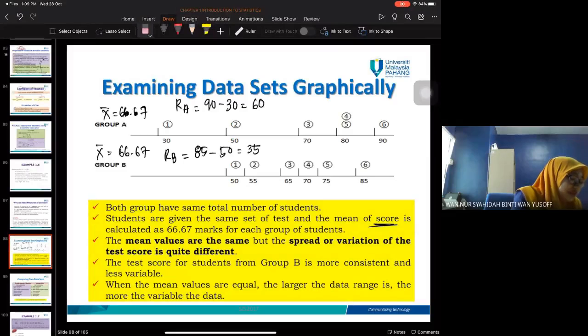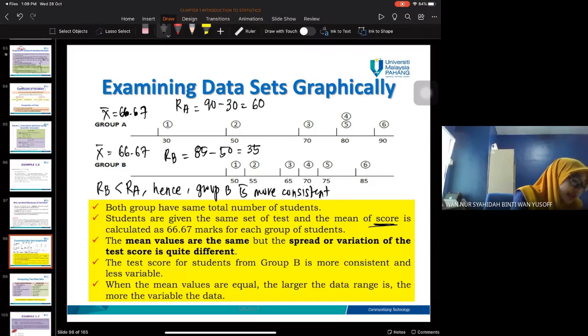So based on the range here, the range for B is less than the range for A. Hence, group B is more consistent or less spread out. So we can conclude here, group B is the best one.